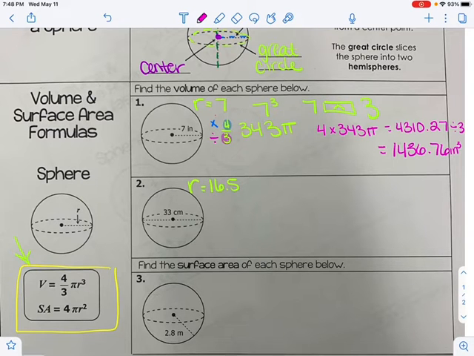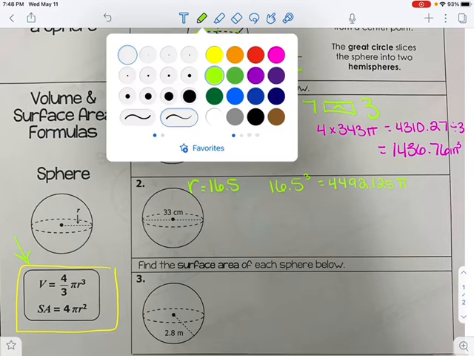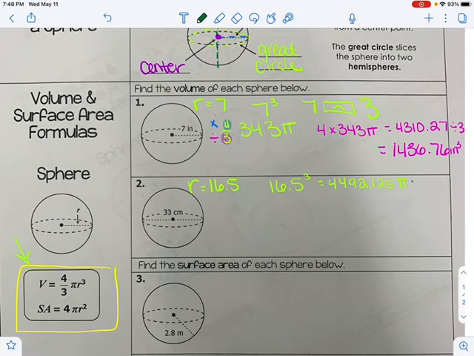Let's try it again. First thing you do is you take your radius and you cube it. You type it in correctly, you should get 4,492.125. And then just the same thing we did in the last question, you are going to stick a pi behind it, and we're going to times by 4.